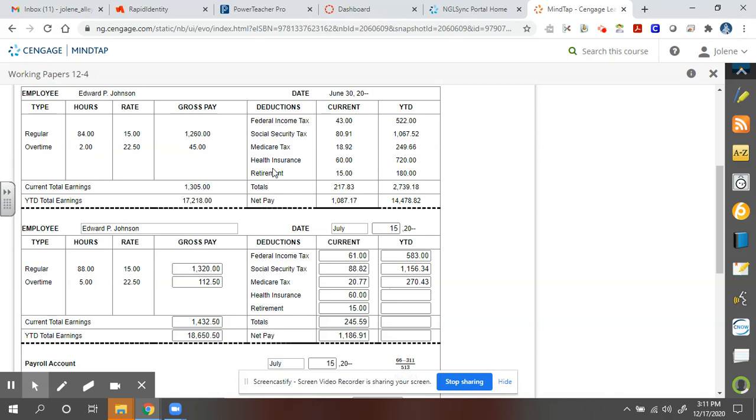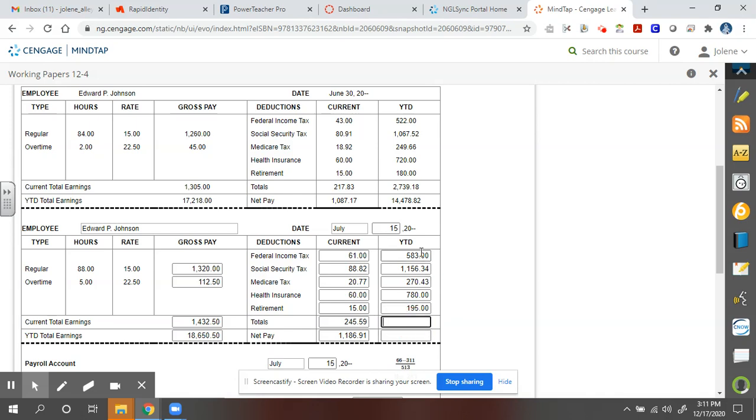Health insurance, he's paid $720, and now we're going to add $60 to it. So now he has $780 that he's paid to health insurance. Retirement, he's paid $180, and we have to add $15 to it. So now he has a total of $195 in his retirement.